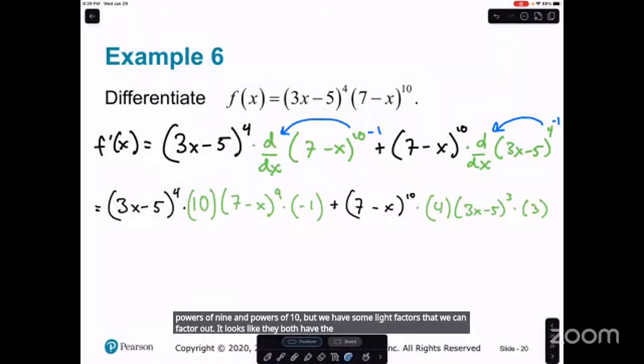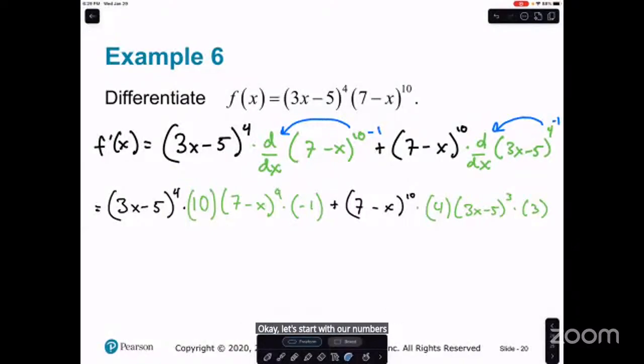that's a minus 10. Okay, let's start with our numbers, right? We got, what, a negative 10, and we have 12. So the greatest common factor, let me see, is 2 and 5 and 2 and 6. So it's a 2. Okay, so it looks like we can factor out a 2. 3x minus 5, let me highlight it.